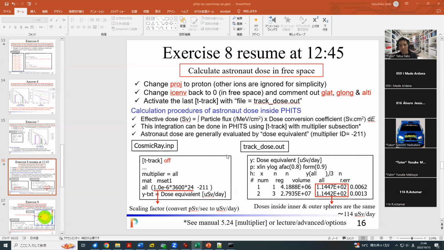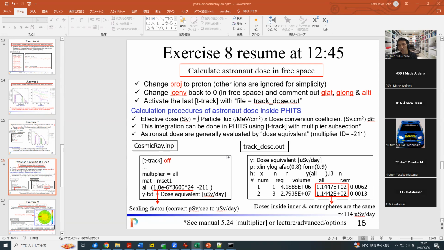And for astronauts, generally the dose is evaluated in effective dose equivalent instead of absolute dose, because cosmic ray has high relative biological effectiveness. So we need to consider the high RBE of the particles in astronauts' dosimetry.